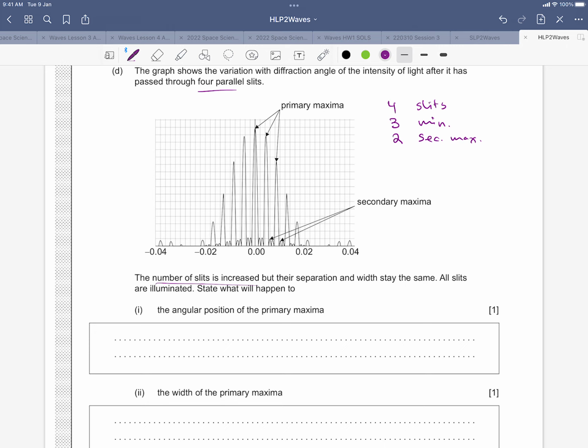So we have to remember that for the diffraction gratings, which this is, the maxima all occur at the same location as if you just have 2 slits. Okay, so this d sine theta equals n lambda. The constructive interference condition is the same for diffraction gratings. So even though I add more slits, the primary maxima are going to be at the same angular position, so they stay the same.